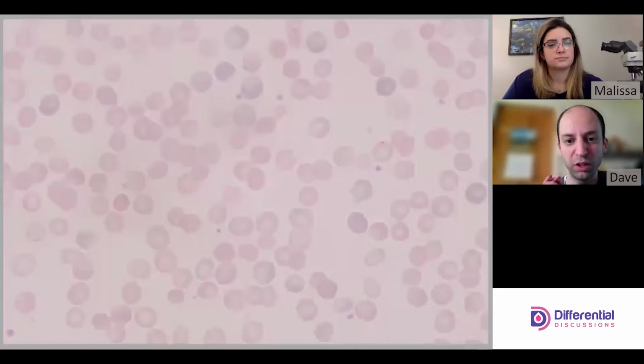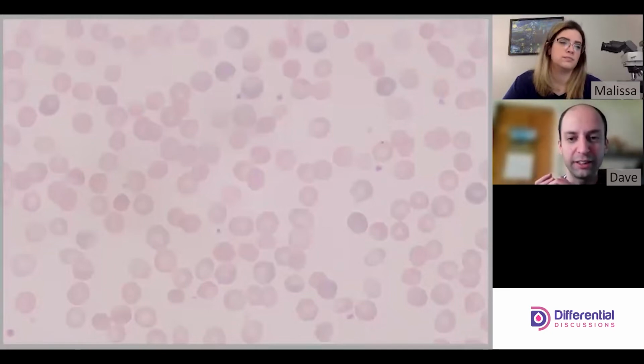So we're looking at a field that I think is fairly representative of hereditary spherocytosis. It's a tad faint. This slide is probably starting to get a little bit older, but I see a fair amount of polychromasia, and I see some spherocytes.